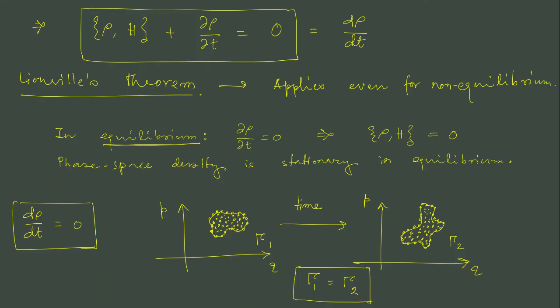Now these gas molecules, this box of gas, does not have to be in equilibrium. It could be in a non-equilibrium situation where there might be a temperature gradient. The lower side of the box has more temperature, the upper side has less temperature, or the physical density, not phase space density, the physical density might be changing.